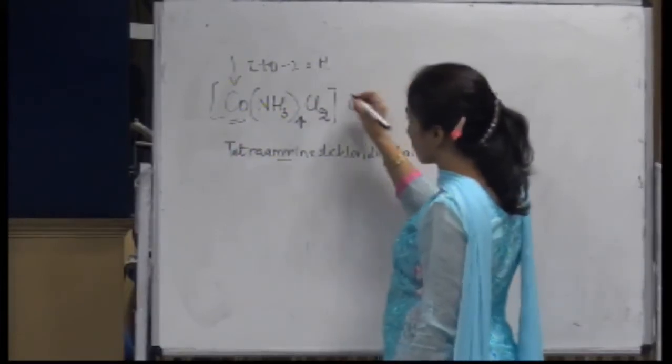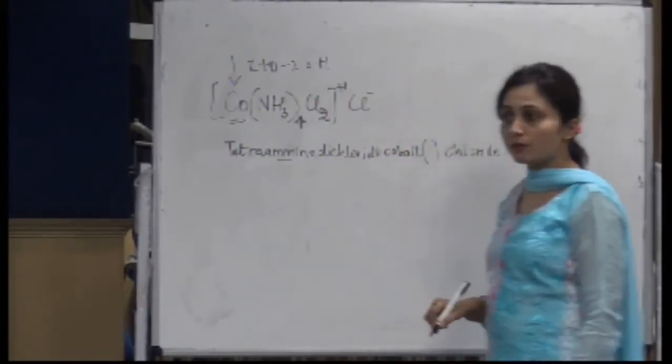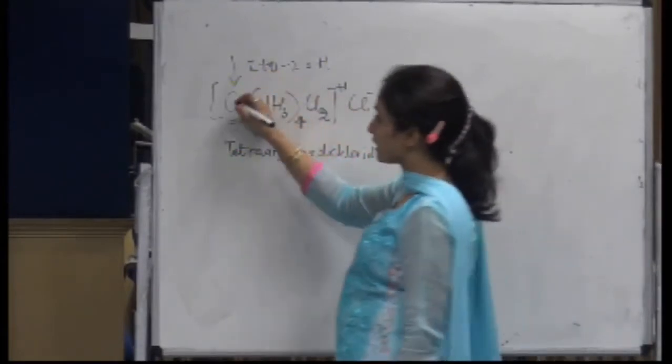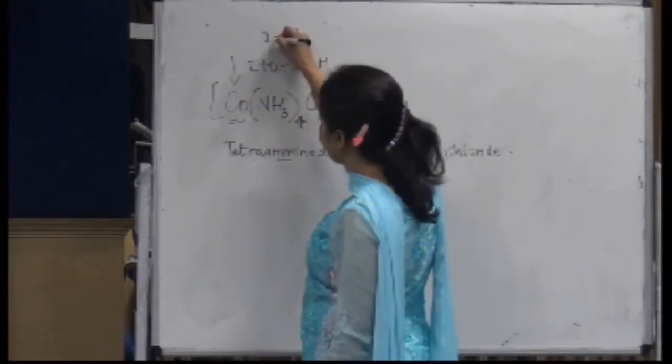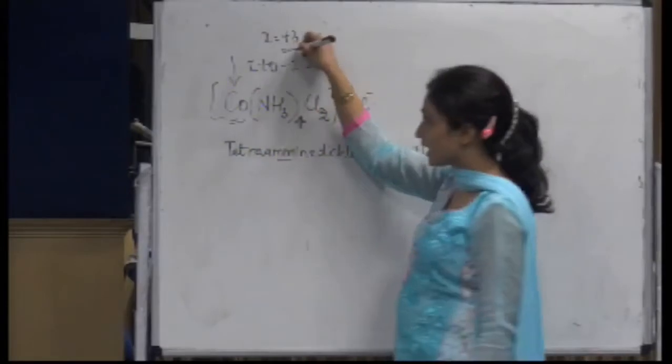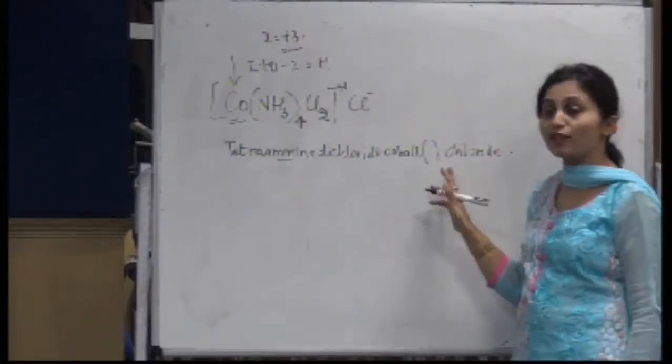Why? Because Cl has a minus charge, so this will have a charge of plus 1. So what will be the oxidation state of Co? It will be plus 3, and this 3 has to be indicated in the brackets in Roman numerals.